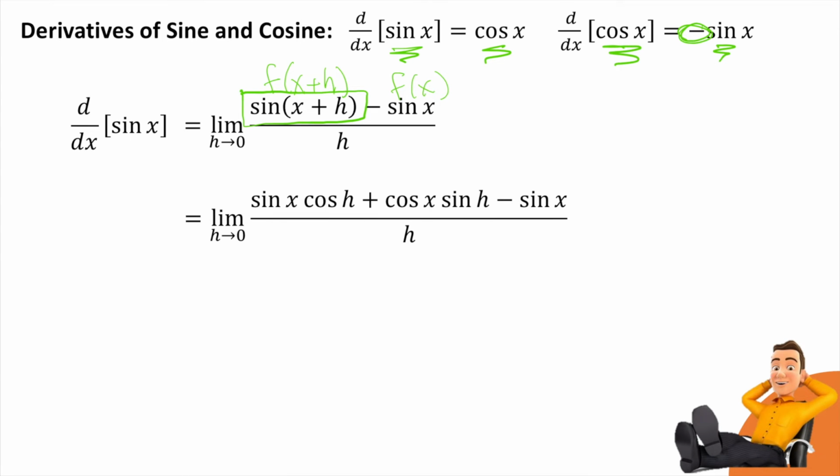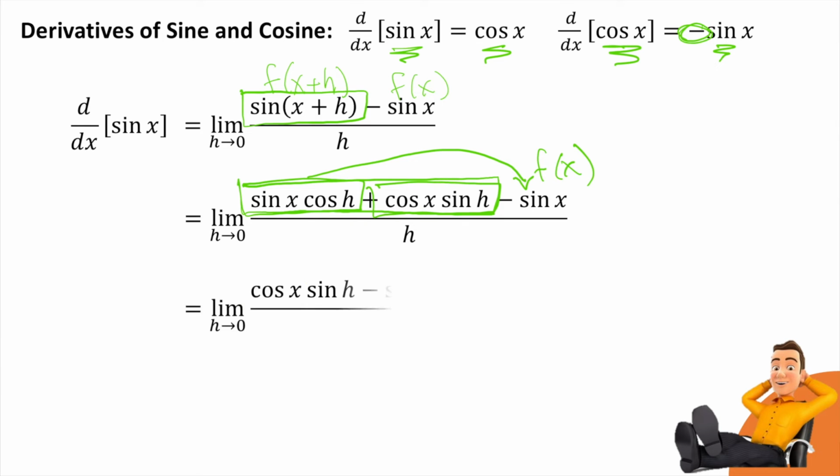Can turn into sine x cosine h plus cosine x sine of h. And then here's my f of x. Wow. And then I'm going to kind of put sine of x cosine h with sine of x and keep this fellow by itself. I'm going to rearrange it a little bit. Okay. Then I'm going to separate these out into two separate guys.